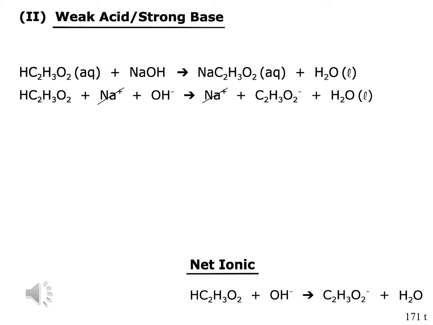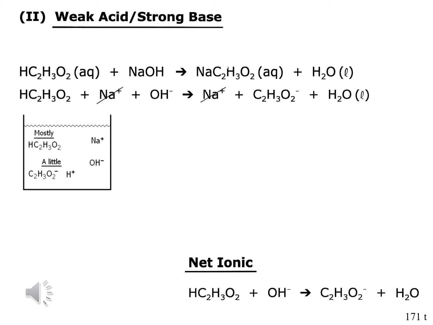And if you look at the net ionic that I wrote down at the bottom of the page, doesn't it look like the OH is pulling an H directly off the acetic acid? I'm going to show you that that's not exactly what's going on, but if you think of it that way, you can think of it as the final result of the process, and that's how OH neutralizes a weak acid.